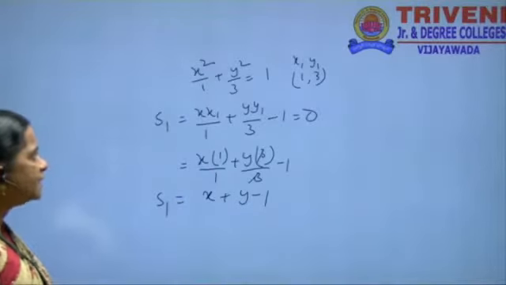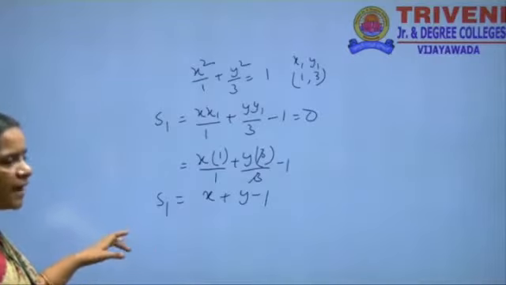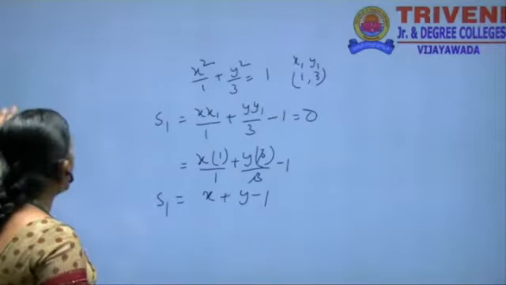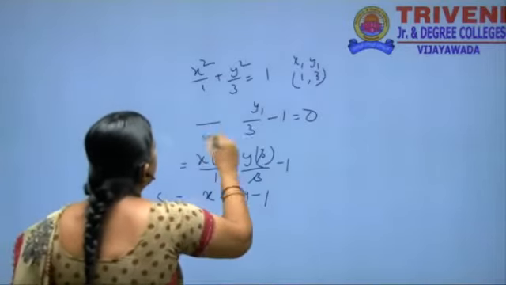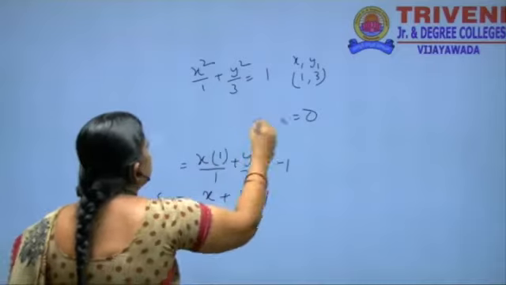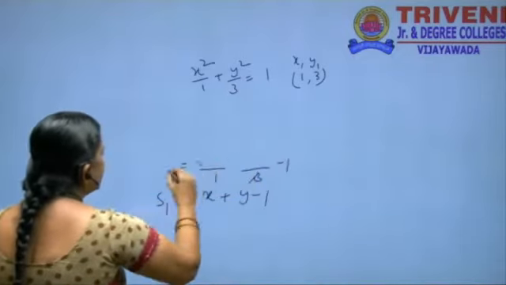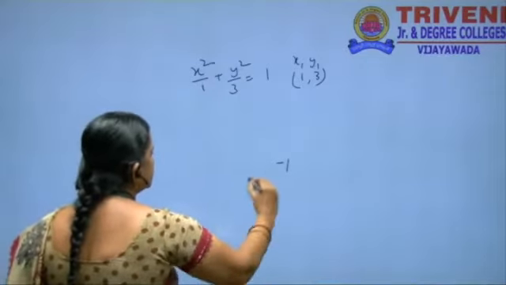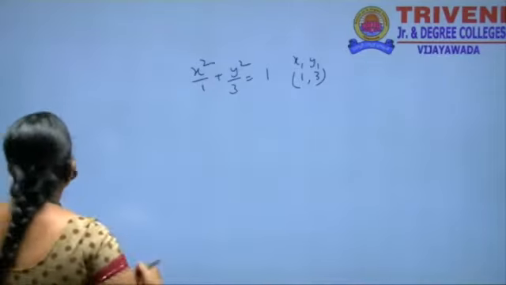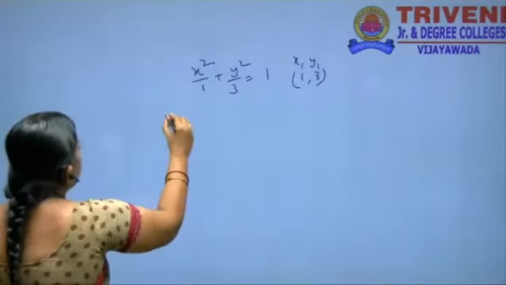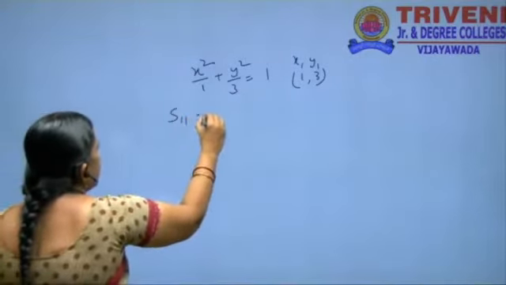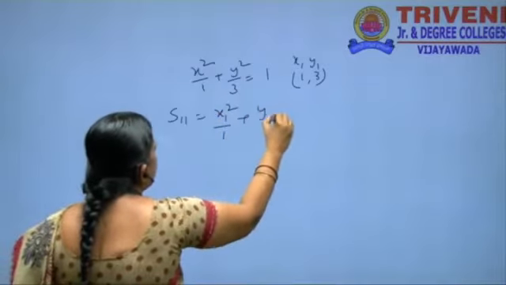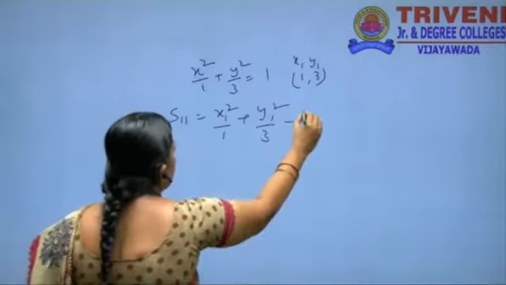Suppose we have to find the point, in this sum we also have to find the value of S11. How do we find it? What is the notation of S11? S11 is x1 square by 1 plus y1 square by 3 minus 1.